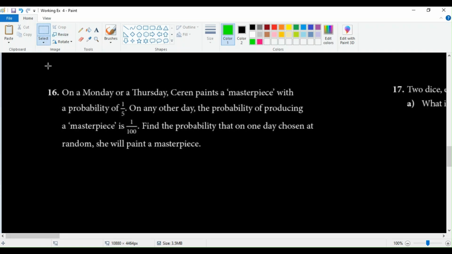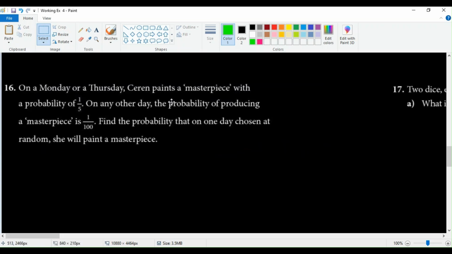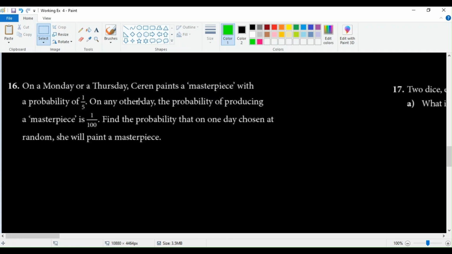Okay, it says on Monday or Thursday, Karen paints a masterpiece with a probability of 1 over 5. On any other day, the probability of producing a masterpiece is 1 over 100. Find the probability that on one day chosen at random she will paint a masterpiece.